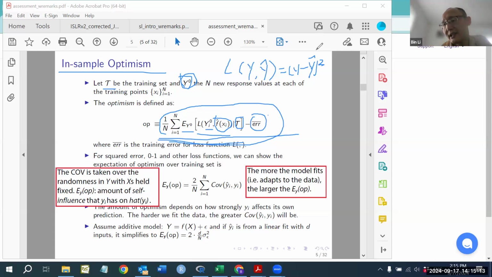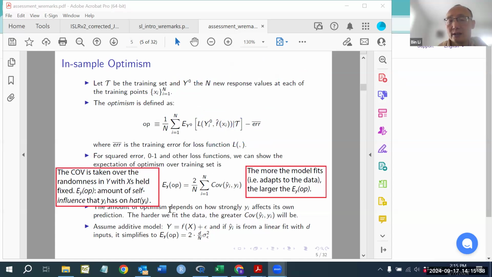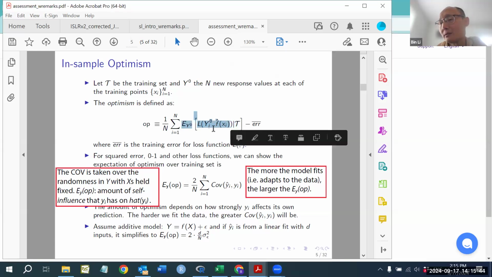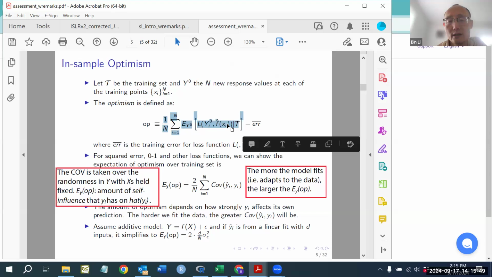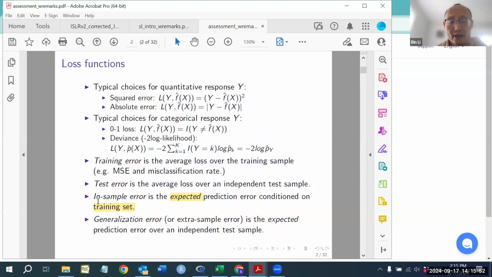Ideally, if the optimism is 0, that will be the ideal case. Why? If the optimism is 0, that means the training error is the same as what? What is the first part? If you think about it, it is the expected value of the in-sample error.